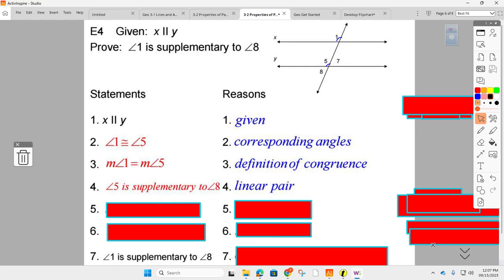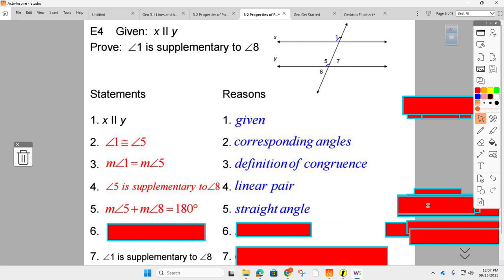Now we've got to go from the angles to the measures. So the measure of angle 5 plus the measure of angle 8, we said supplementary means they equal 180, and that's because they form a straight angle. And how many degrees are in a straight angle? 180, right?